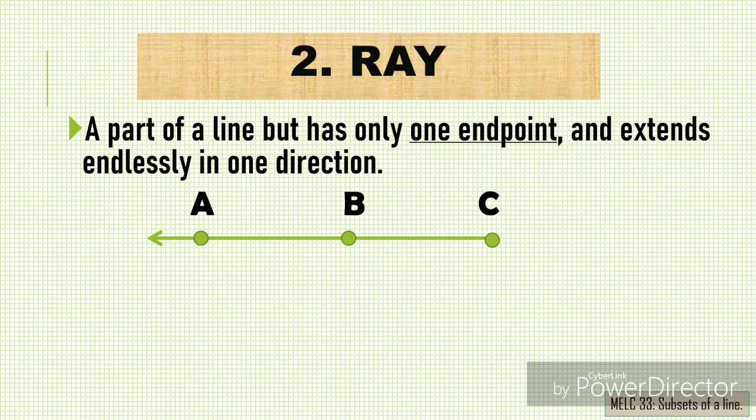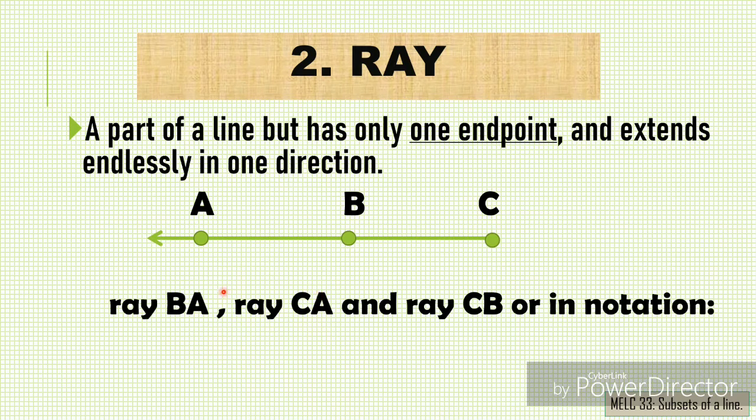Another example. This time, yung ray naman natin ay extended to the left side. Dito naman siya ngayon na-extend papuntang kaliwa. So, paano naman natin siya papangalanan? O, ganito naman siya. Ray BA. O, yan. Ito yung endpoint. Tapos yung A, kasi ito yung extended part. Okay?